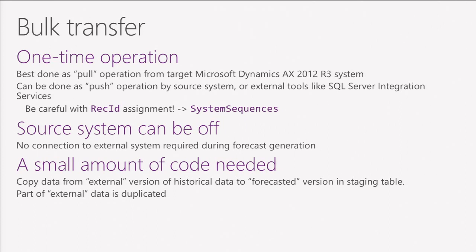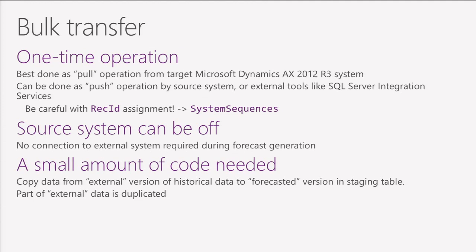The simplest way to do it is to write a job in the 2012 AX that will pull the data from the external system and just write it back to the staging table. The reason is that the system sequences will be synced correctly if you do it like that. So the RecId assignments will be correct if you run this process in the 2012 R3 system.